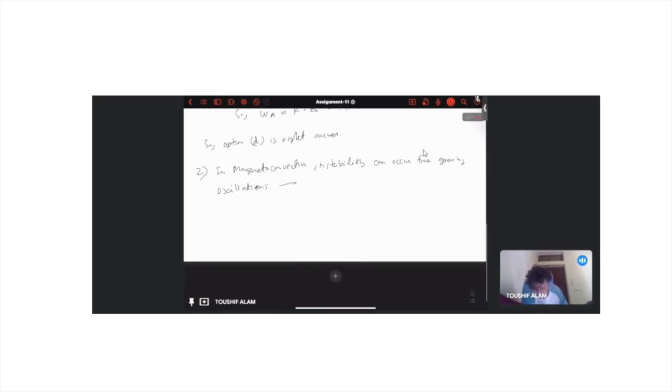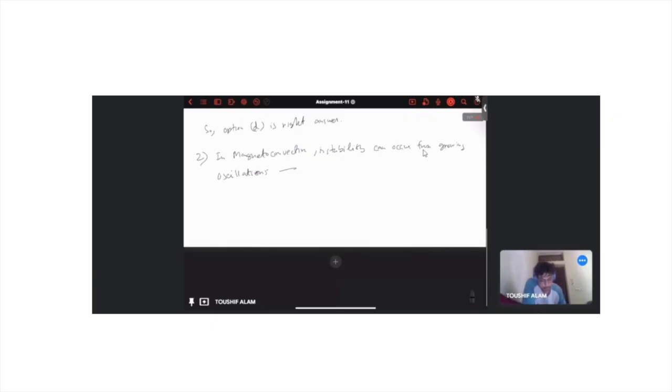Let me read out the conditions. Option A: magnetic diffusivity greater than thermal diffusivity. Option B: magnetic diffusivity less than thermal diffusivity.